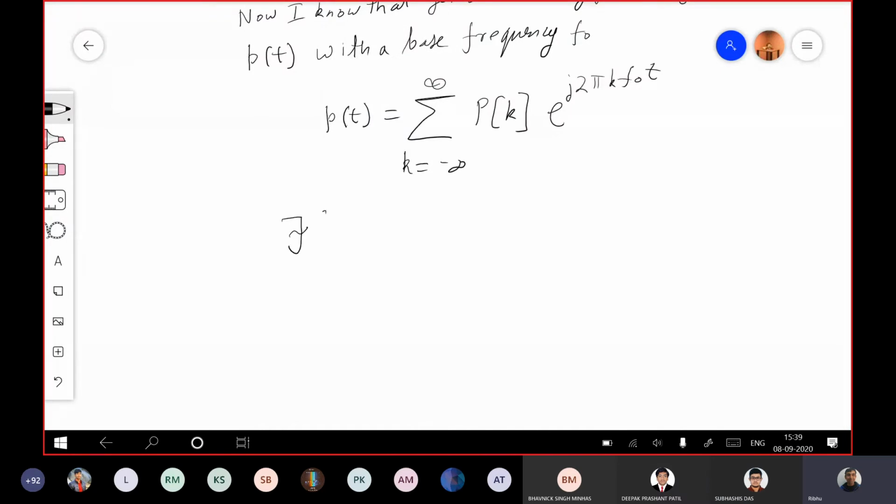So now I take the Fourier transform of both sides. Integration from minus infinity to infinity of g of t into delta of t is g of 0, right?